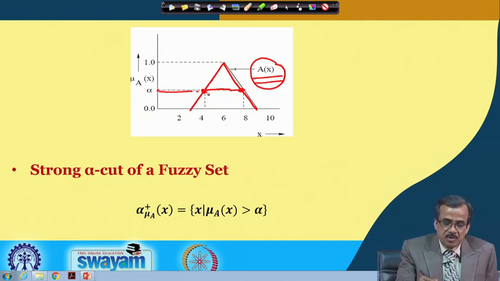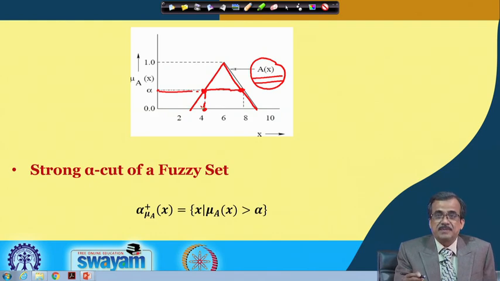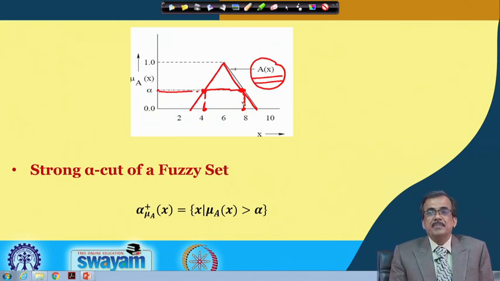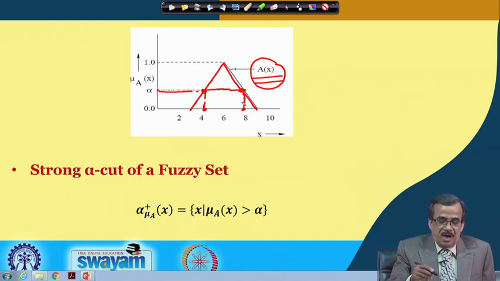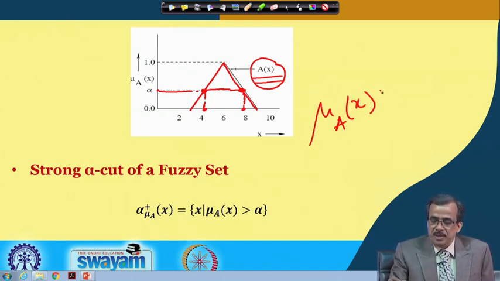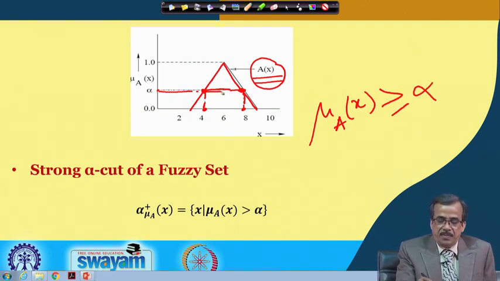Corresponding to this point, you try to find out the value of x. Similarly, corresponding to this point, you find out the value of x.